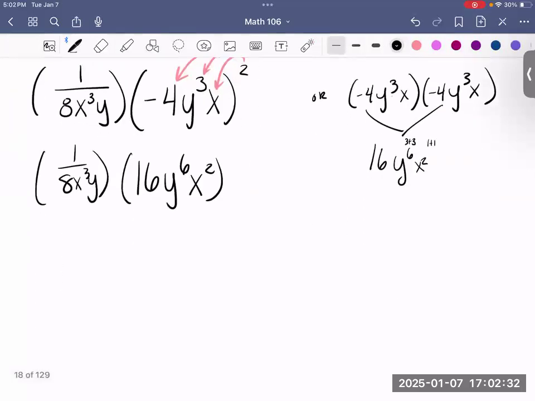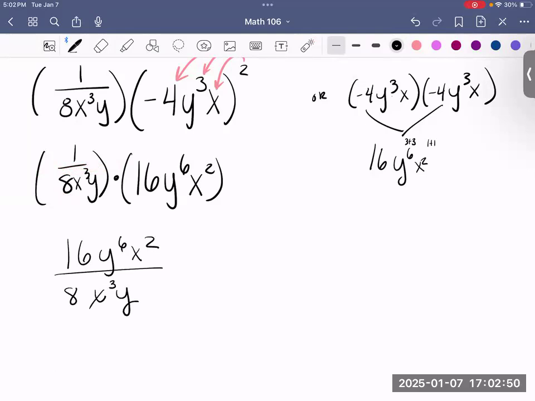Last thing we have to do is clean it up. You'll notice that when we try and merge these, this one is being divided, meaning that when we go to merge it, all of this will be above and all of this will be below.